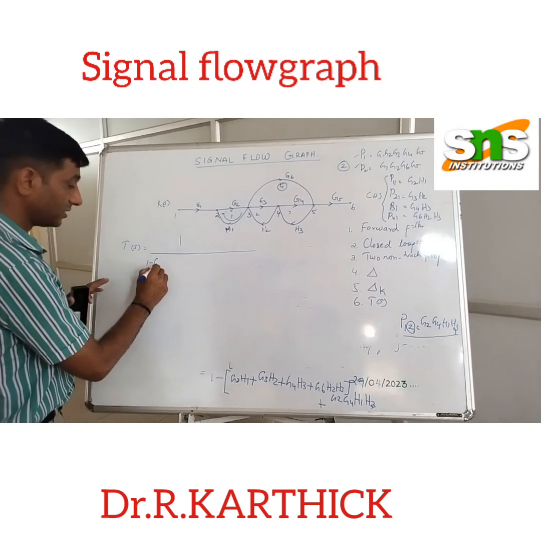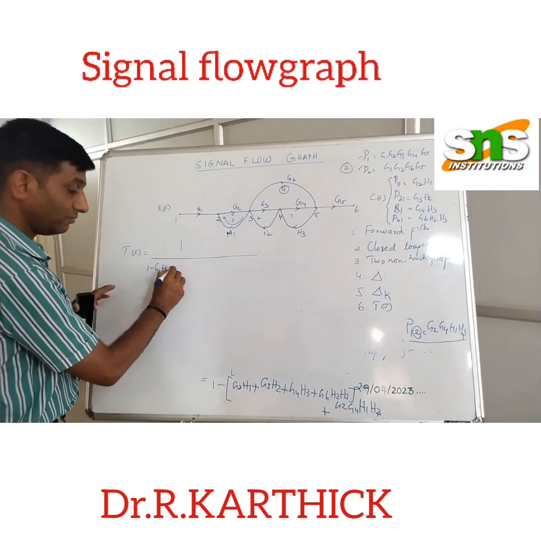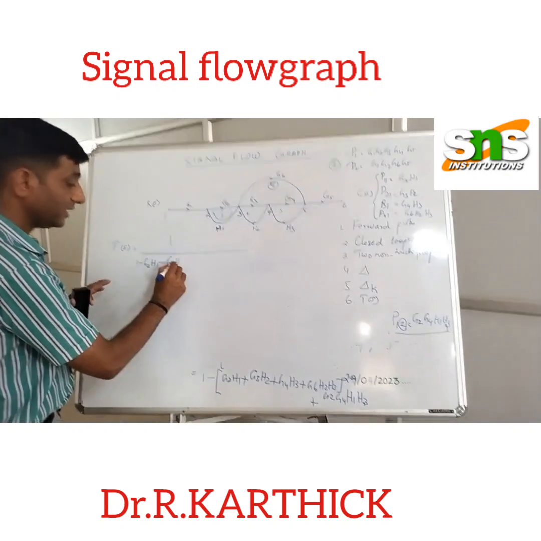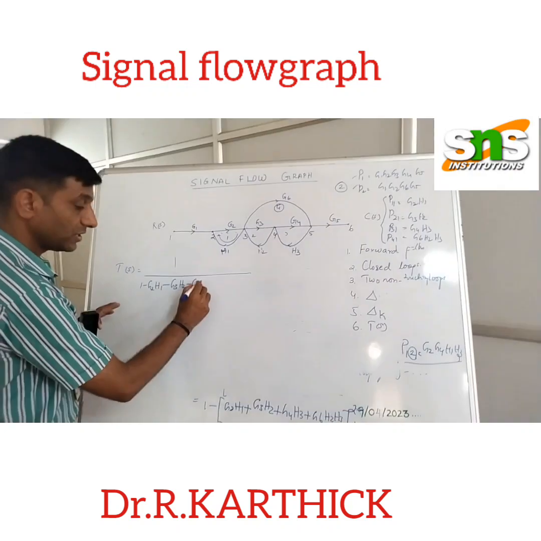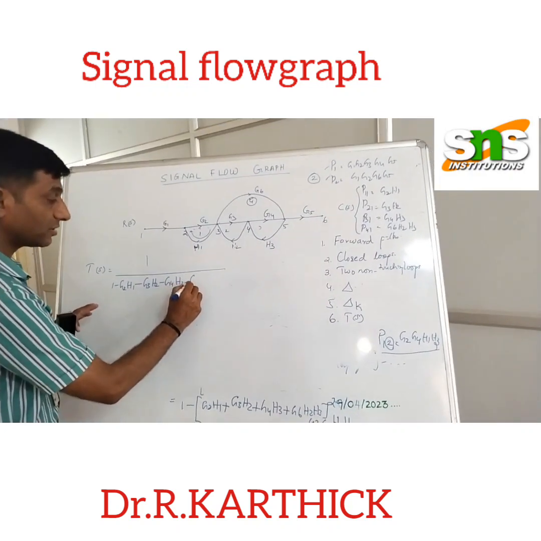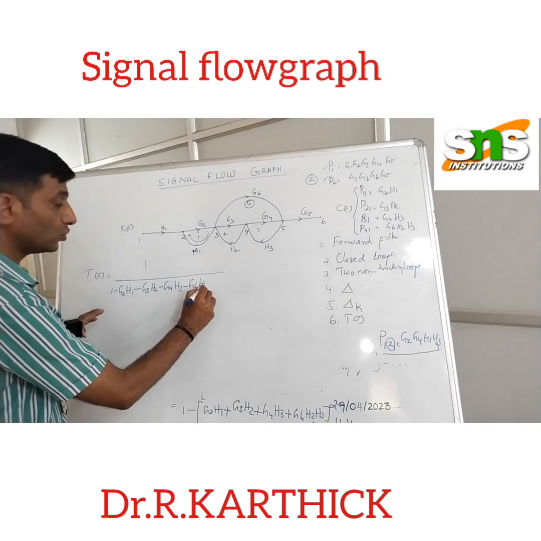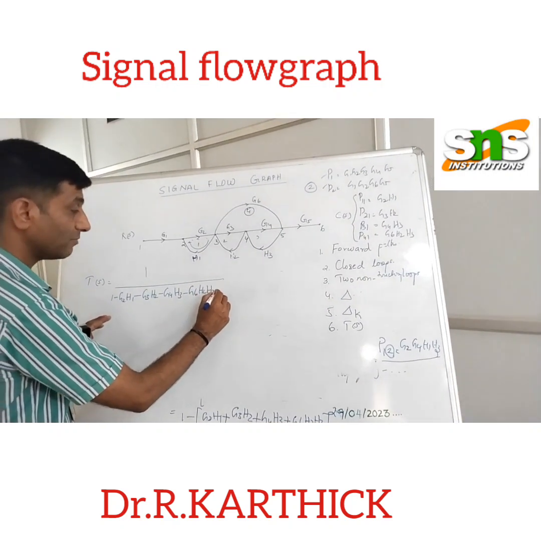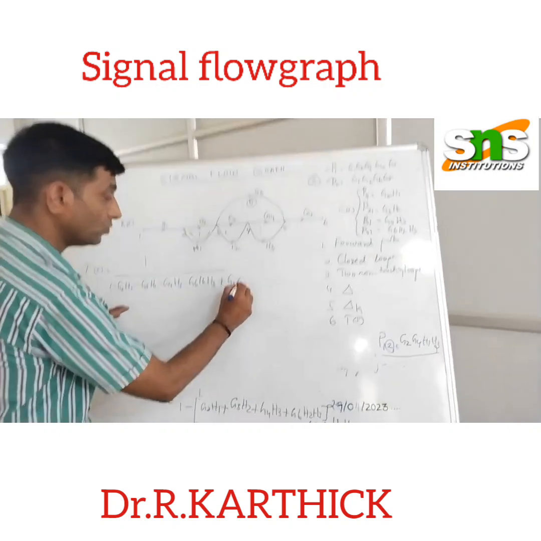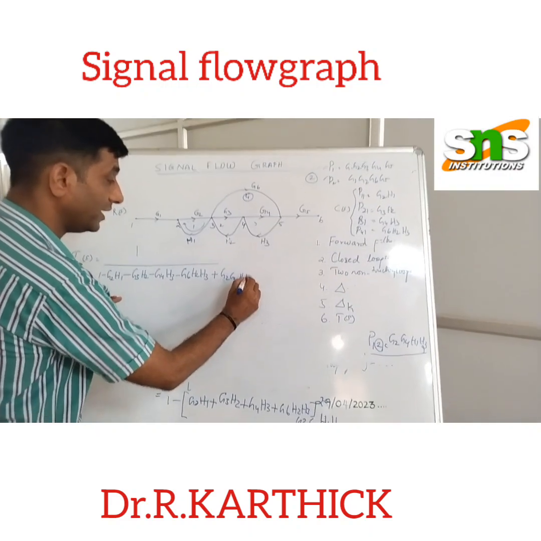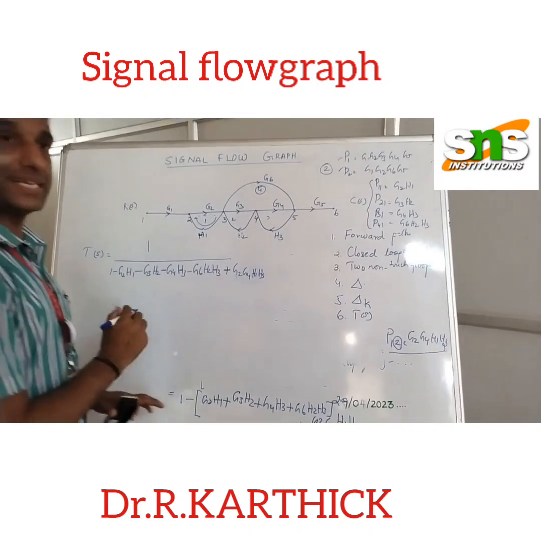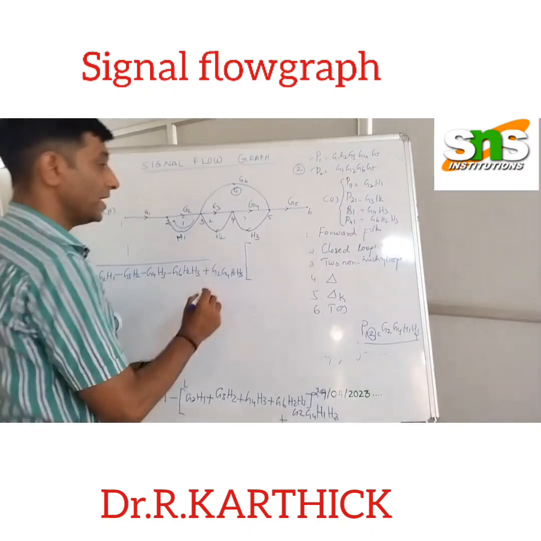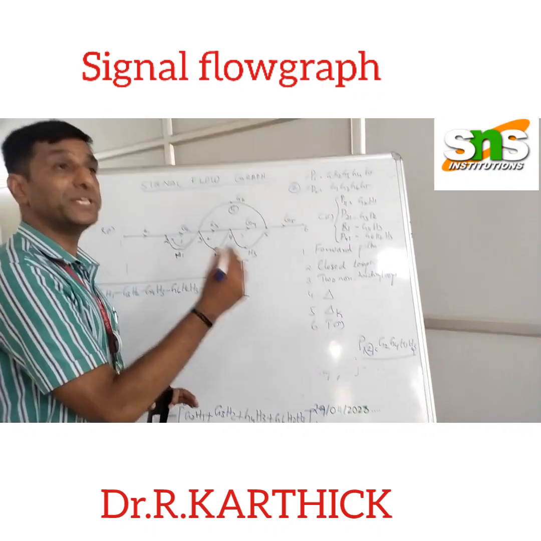So it is 1 minus G2 H1 minus G3 H2 minus G4 H3 minus G6 H2 H3 plus G2 G4 H1 H3. This is my delta, into P1 delta 1 plus P2 delta 2.